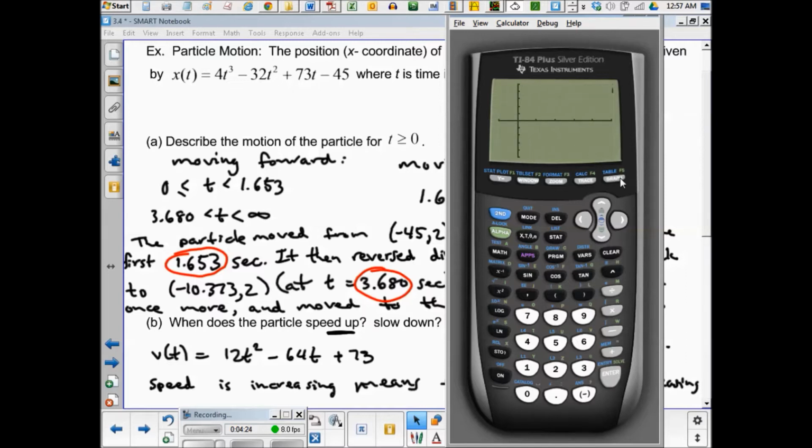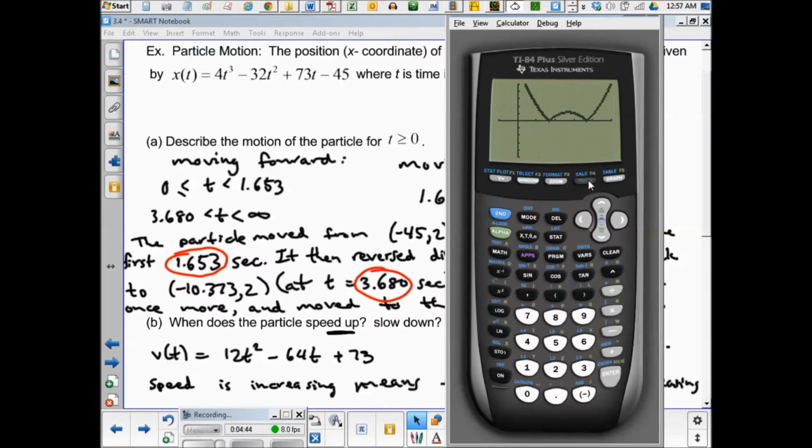Okay, so here's my graph. Looks like right around the 1.6 second or so, up to about the maybe 1.8 second or something, and then starting at right around the 3.8 second, it goes up from there.